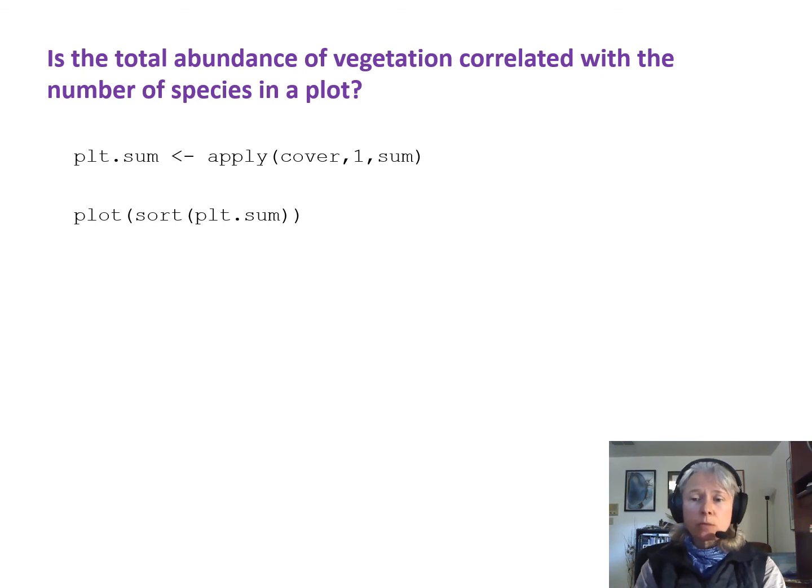Finally, we can ask whether the total abundance of vegetation is correlated with species richness of a plot. This uses code very similar to before, first calculating the total cover of each plot and then representing the results in a graph.